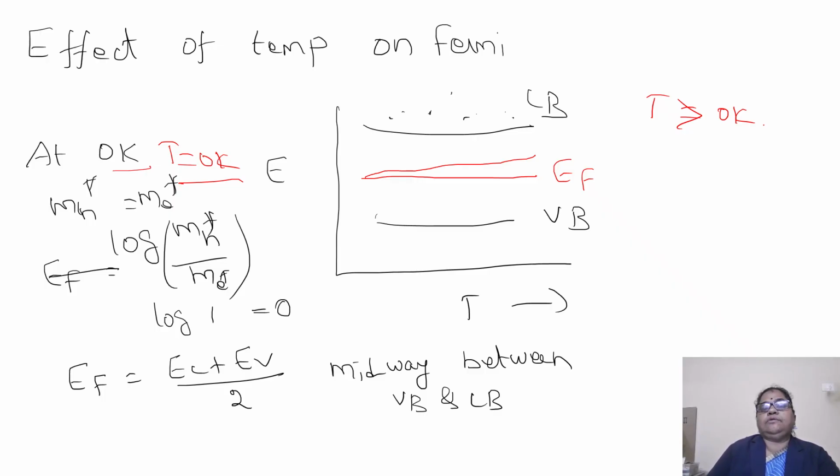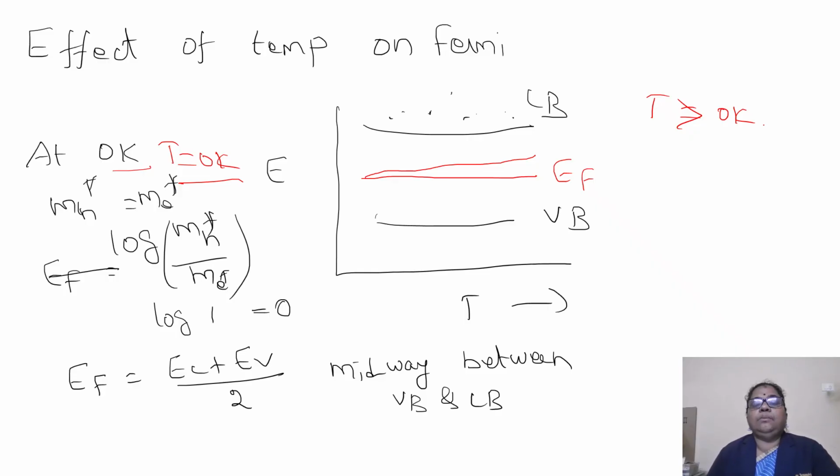As the temperature increases, it shifts towards the conduction band. Generally we can simply say the Fermi energy level shifted above the actual energy level.